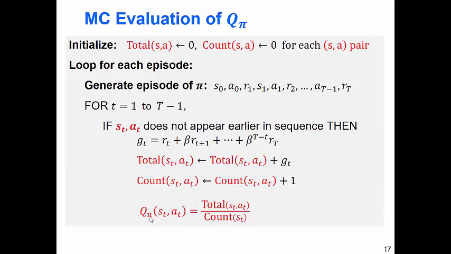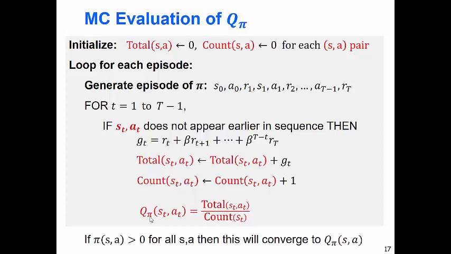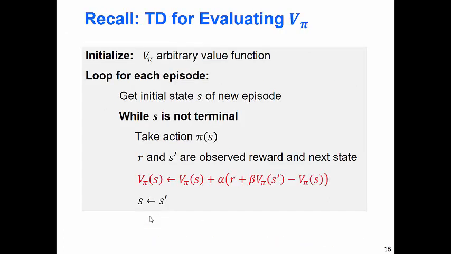Because you will have tried every state action pair infinitely often, and seeing the return that occurs after them, and that return is from a fixed policy. So any questions about this? Right, this is the Monte Carlo approach. And TD is very similar.